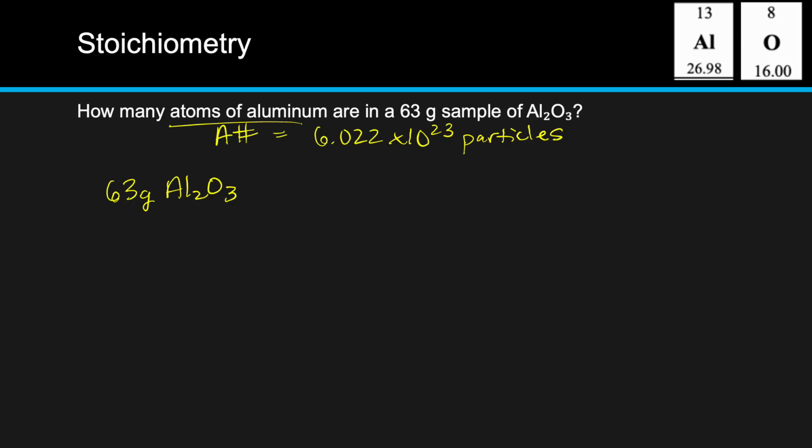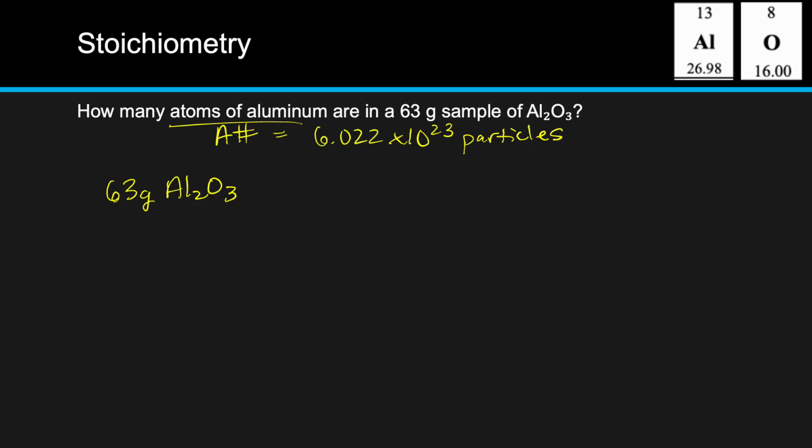So to simplify Avogadro's number, it's like saying you have a dozen roses or a ream of paper, which is 500 pieces of paper. It's just a number that's a constant for us so that we know how many of these aluminum atoms are in this amount of aluminum oxide. It's just a constant that we can use that has been proven through scientific research.